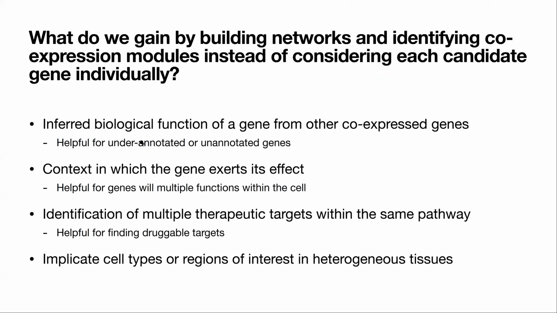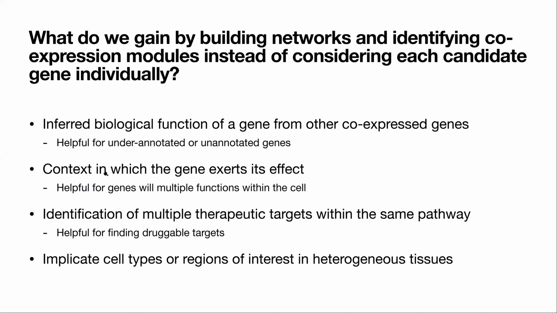It may not create a protein that we could look at a protein-protein interaction with. But we can incorporate these genes into our co-expression modules and start to make hypotheses about what their biological function could be, based on what the other genes it's highly correlated with do and what their known functions are.